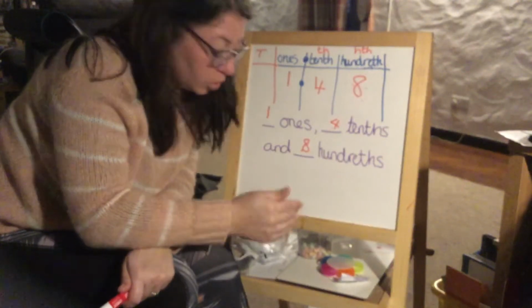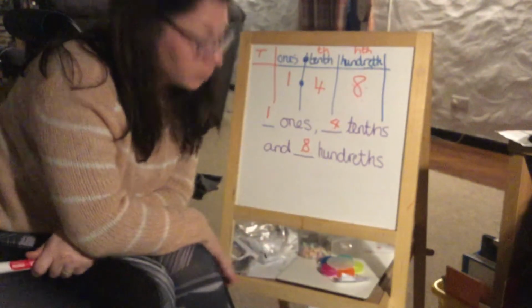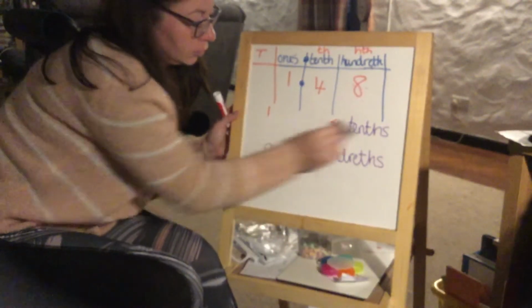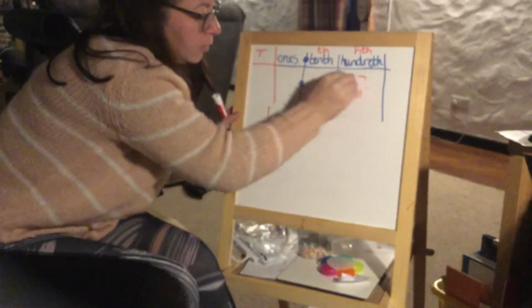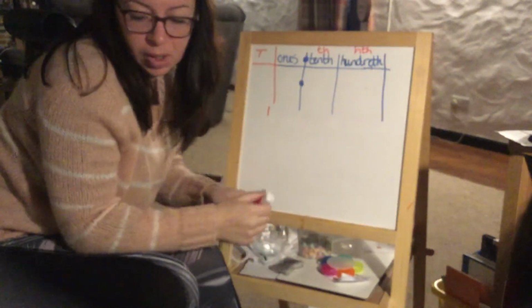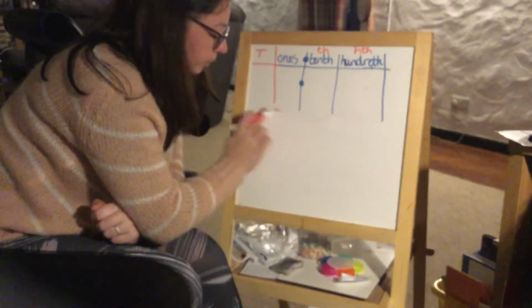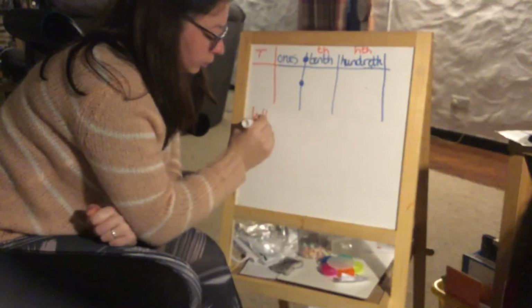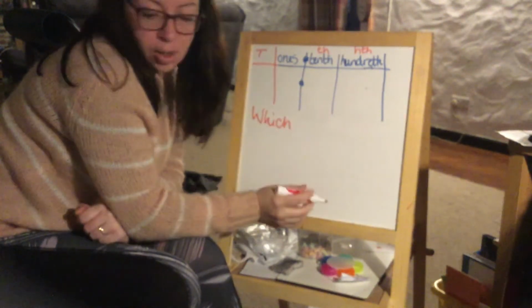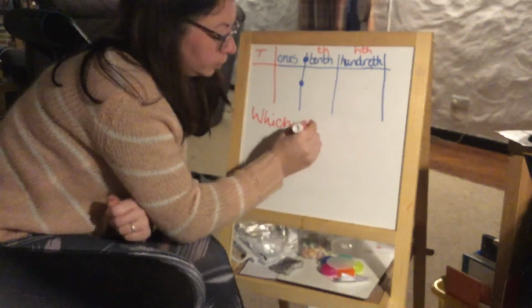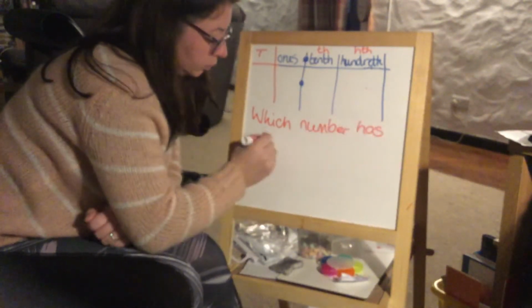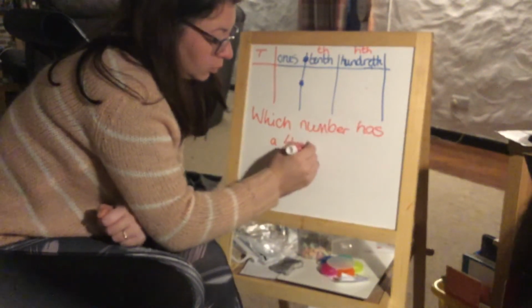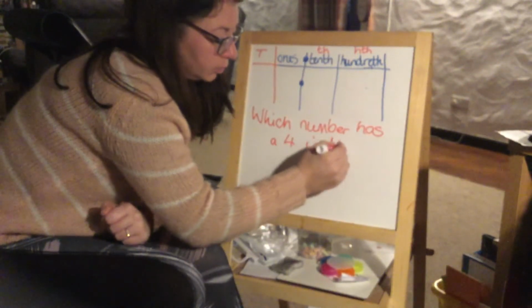That hopefully will help you then for the rest of the work this week. So what you could also be asked today is: which number has a 4 in the tenths column.